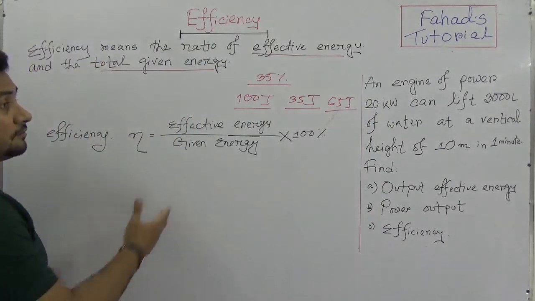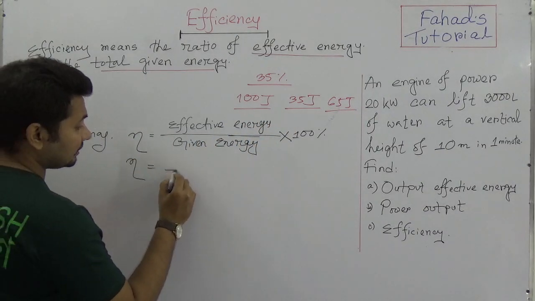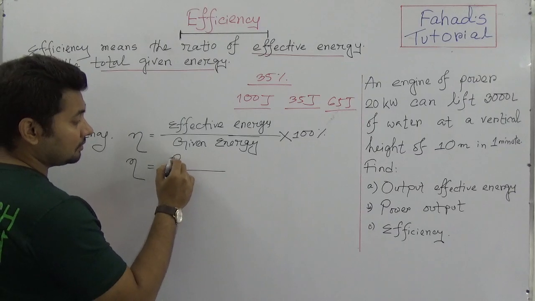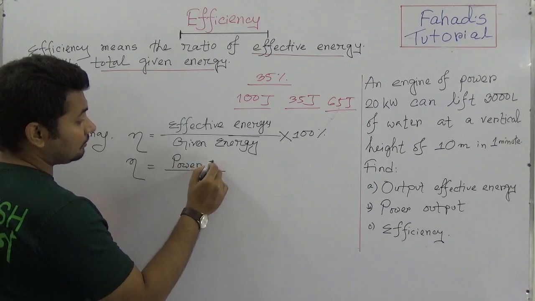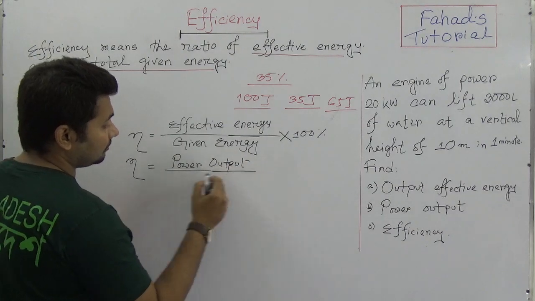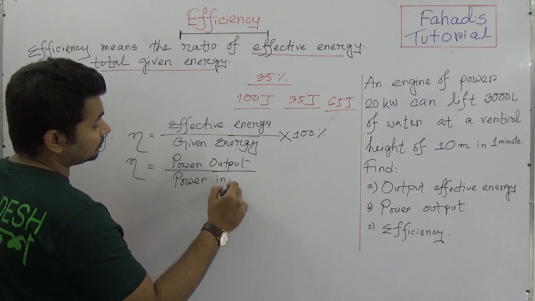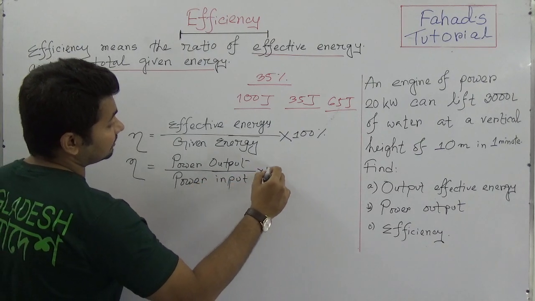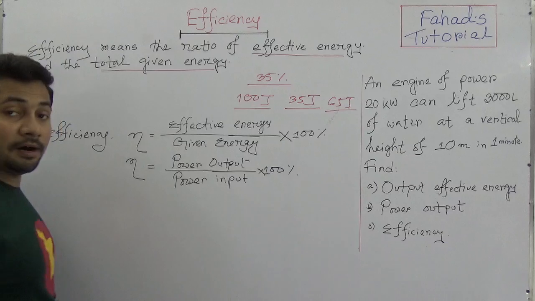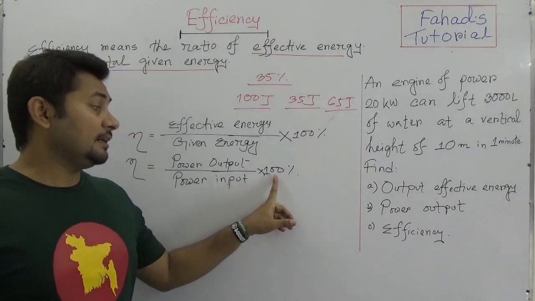In the case of power, again eta is equal to power output divided by power input times 100%. In the case of power, this is similar: the output divided by input times 100%.